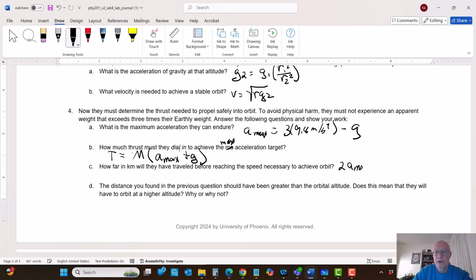Twice the acceleration, which is a max, which we found before, times the distance traveled, that's just the distance, equals the final velocity squared minus the initial velocity squared. Well, the rocket starts from rest, so initial velocity squared is 0. So we can solve for s minus s0, which is the distance traveled. That's what we want to find.